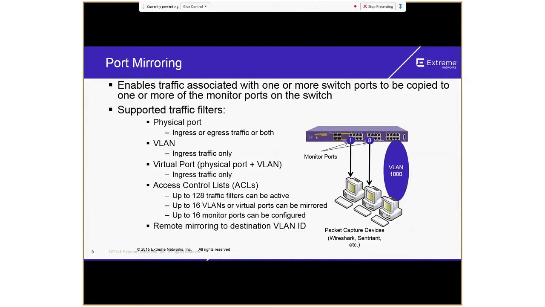So you need to say yes when configuring the monitor ports. So say you want to mirror the traffic on ports 10 and 15. What you're going to do is mirror the traffic from 10 and 15 onto the monitor ports which are 1 and 8.